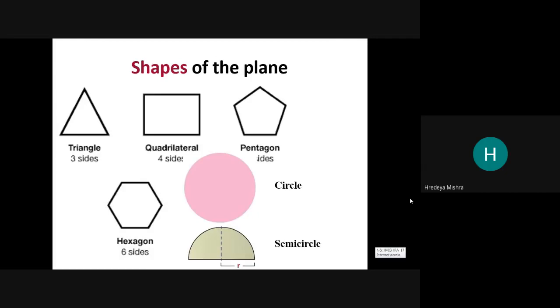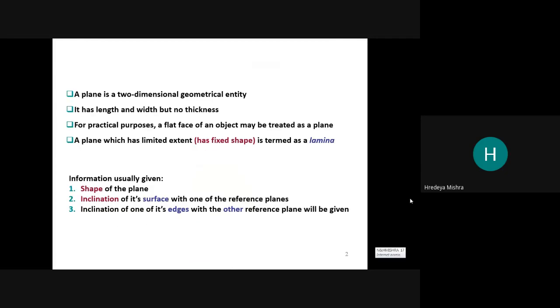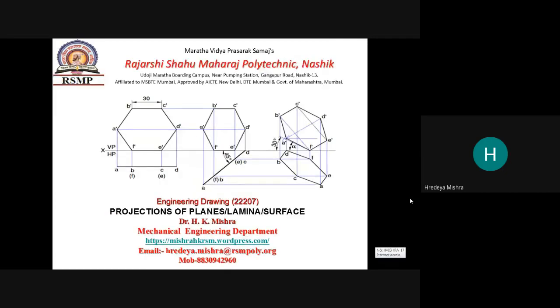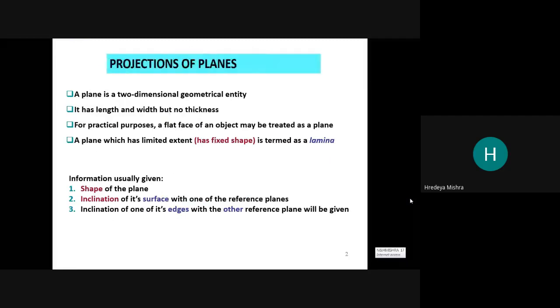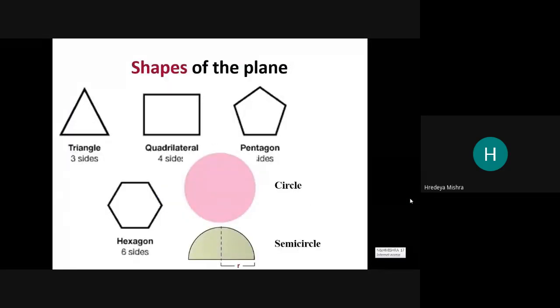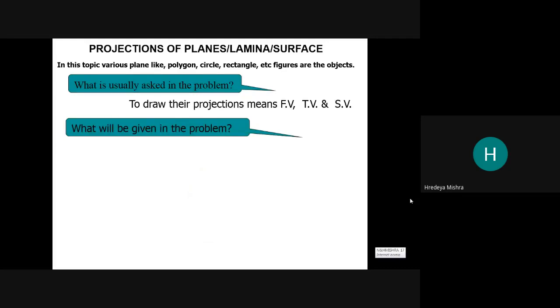So we just start again. All the things I covered: projection of plane, and the shape of the plane. What is usually asked in the problem is to draw the reference for top view, front view, and side view.